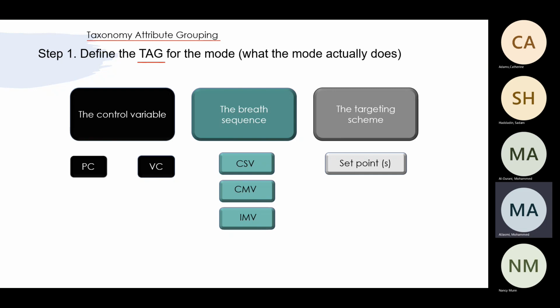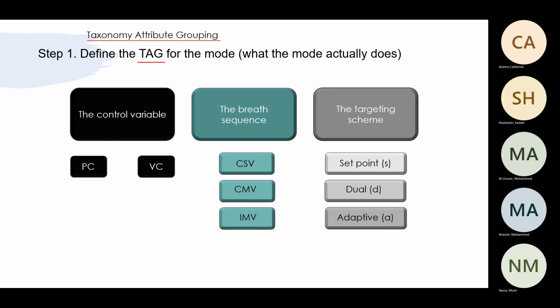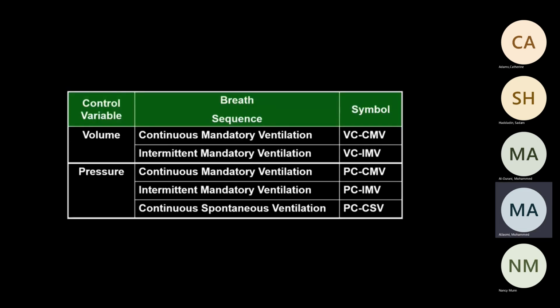The machine will decide, okay, let's see how the patient is breathing. I'll give him the first 3 breaths. Okay, now I know the patient's lung mechanics. I will give him this pressure and this inspiratory time to deliver this volume. But you are leaving the machine to do it, so the machine adapts itself. So we have set point, dual, and adaptive. All right, and those are the types.